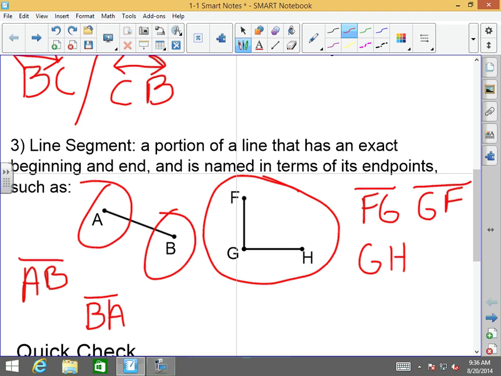GH or HG. Now, a lot of teachers are very sticklers for the way they write lines or segments. I am one of those. Please notice that a segment has no arrows because there is a definite end and a definite beginning. Please and thank you.